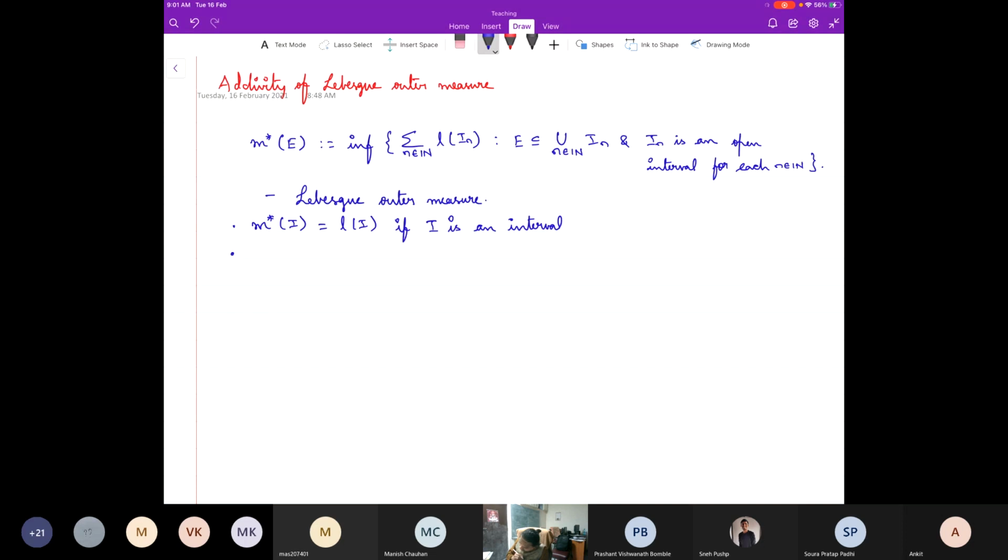And then one of the easy but important properties of the Lebesgue outer measure is that m star is translation invariant. So these are some of the things that we saw.